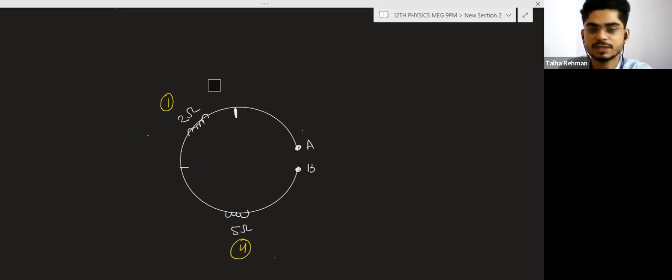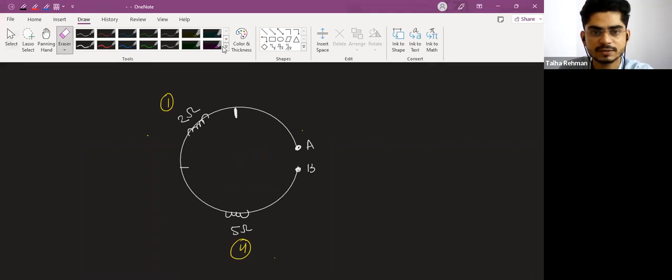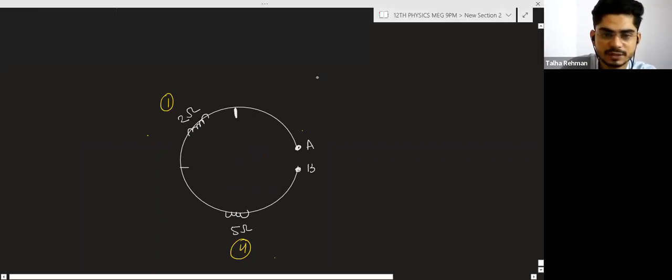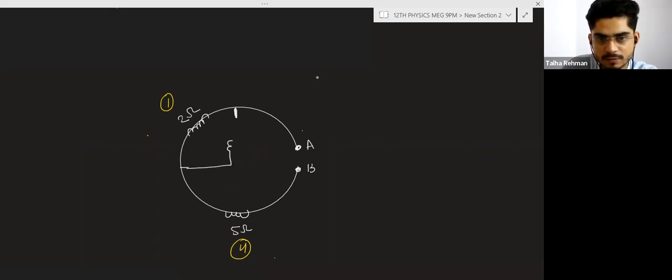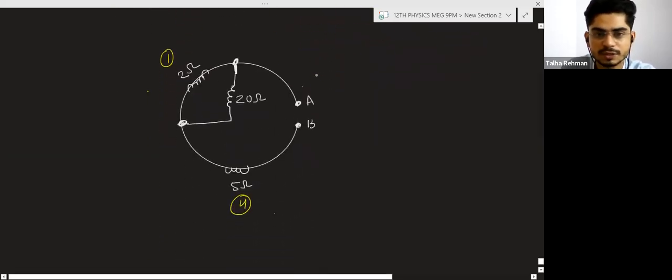Instead of this, I am just connecting a single 20 ohm equivalent resistance. Now see this and this. This resistance is R12, this is R23.